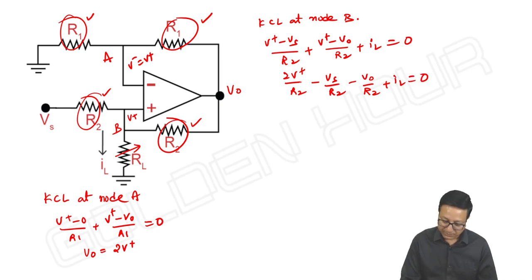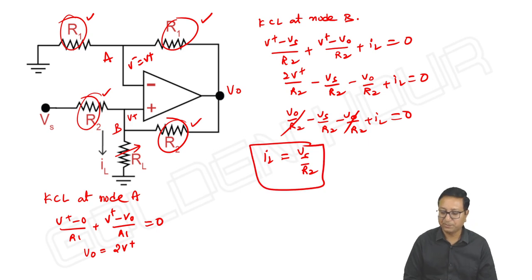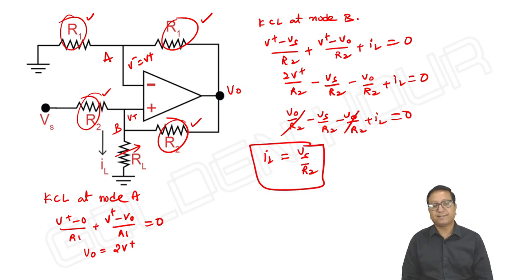So 2V plus can be written like V output. So V output by R2 minus Vs by R2 minus V output by R2 plus IL is equal to 0. These two get cancelled. So IL is equal to Vs by R2. That's it. It is as simple as that.